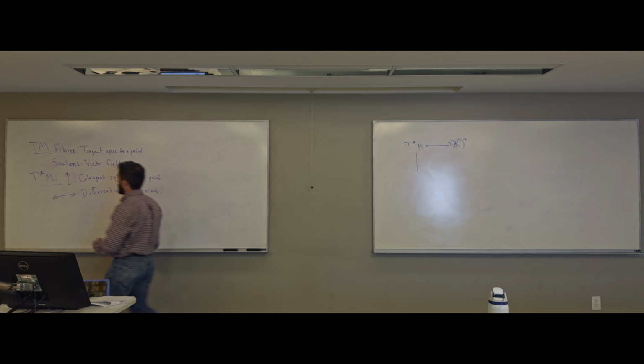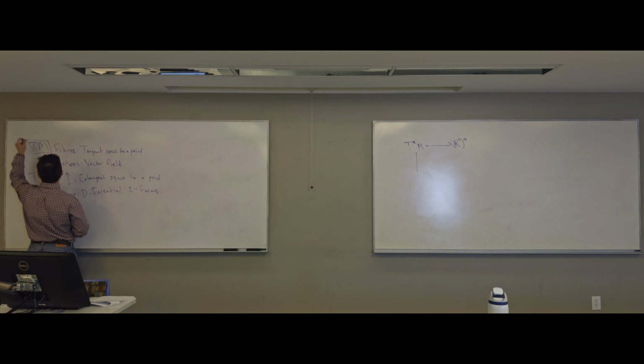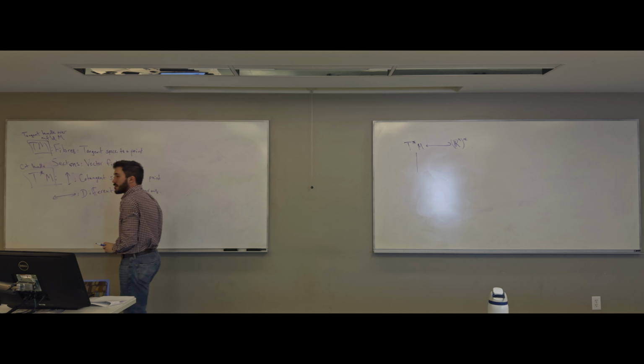This thing is the tangent bundle over the manifold M. And this is just the cotangent bundle over M. It's just a disjoint union. For a manifold like a surface, it's two-dimensional, so you have R2.